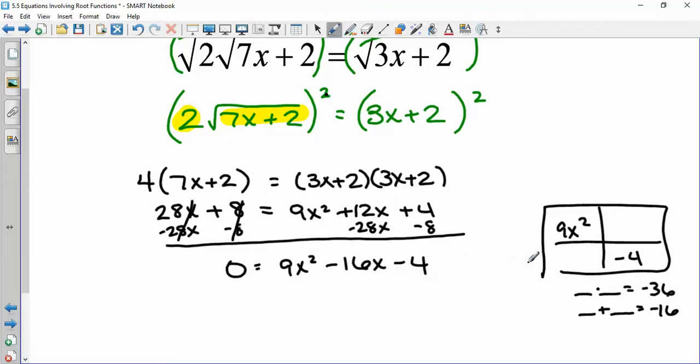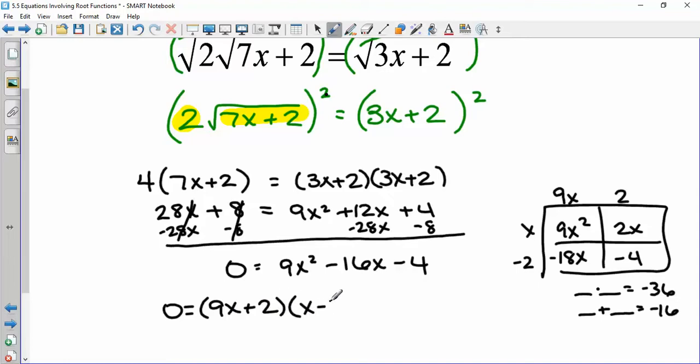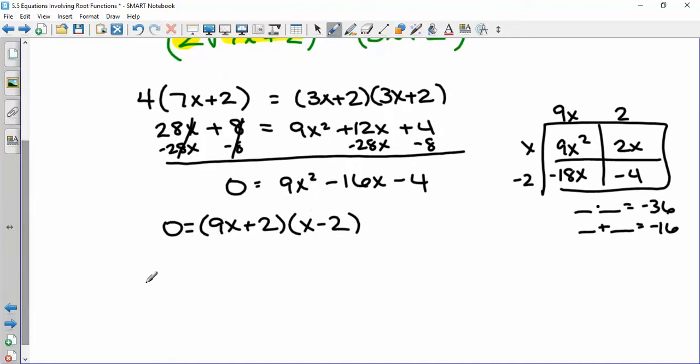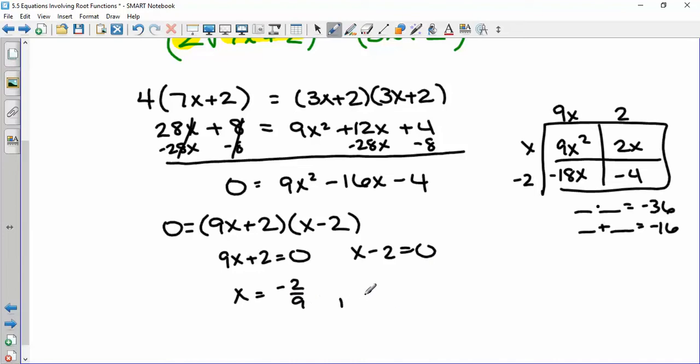So that factors into 9x plus 2, x minus 2. So then we set each of those equal to 0. And we get negative 2/9 and positive 2.